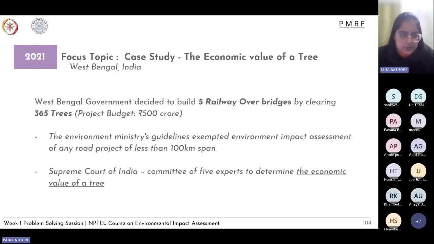And the Supreme Court of India asked for a committee of 5 experts to be formed to determine the economic value of a tree, because this project involved clearing such a large number of trees. So the Supreme Court of India asked this expert committee of 5 people to determine what should be the value of a tree.